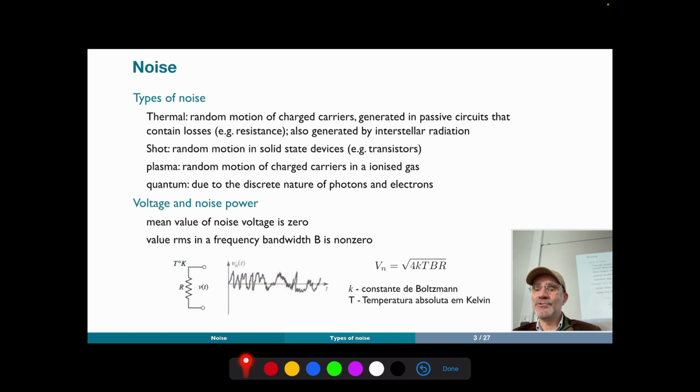And it's possible to show that the root mean square voltage is given by this equation here, which depends on the temperature of the resistor, depends on its value, and also on the bandwidth over which you are measuring the noise. And there's a constant here, which is the Boltzmann constant.